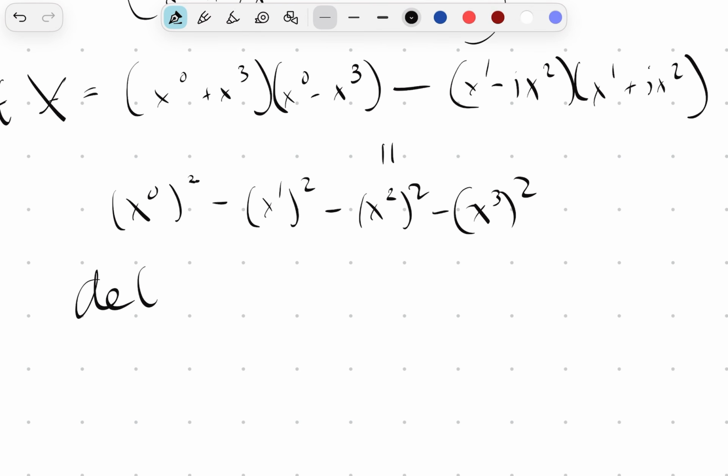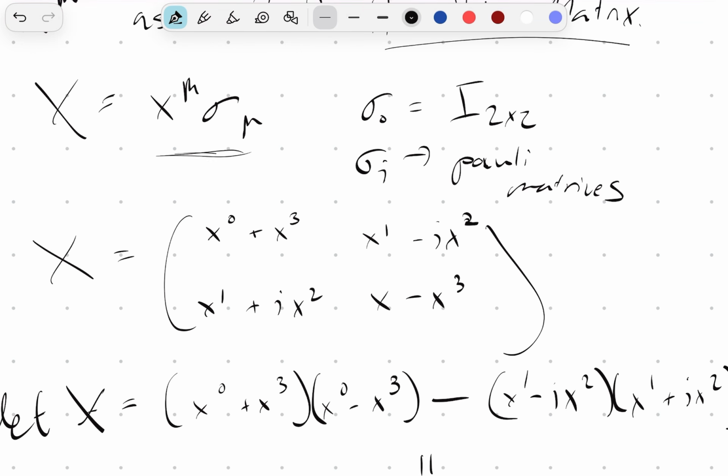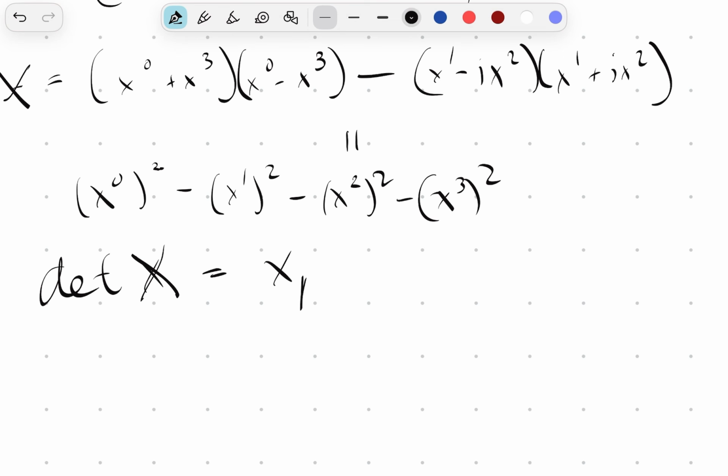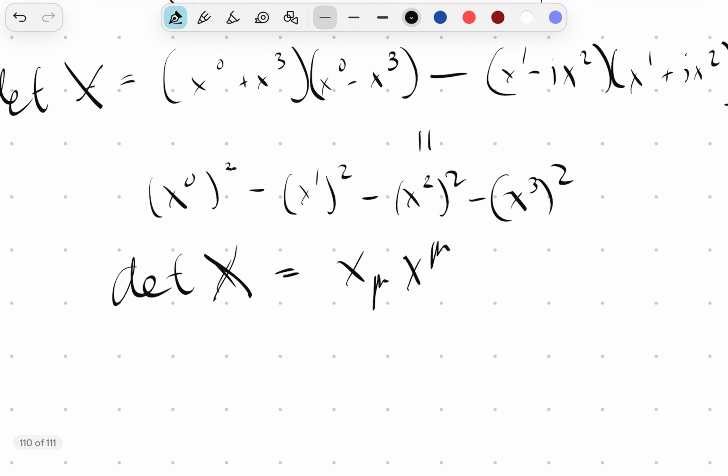So the determinant of this matrix X that was encoded by the Pauli matrices must be a contraction that evaluates to a scalar quantity, and this determinant also just happens to be the Minkowski interval.